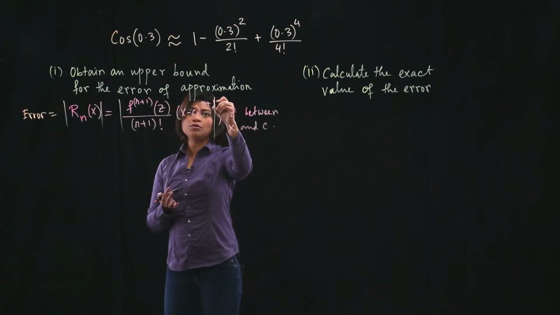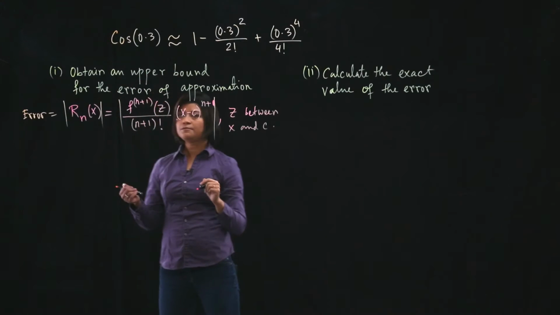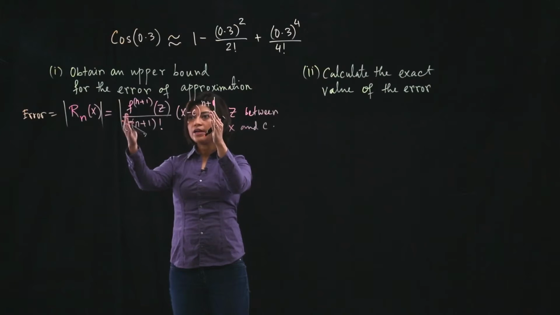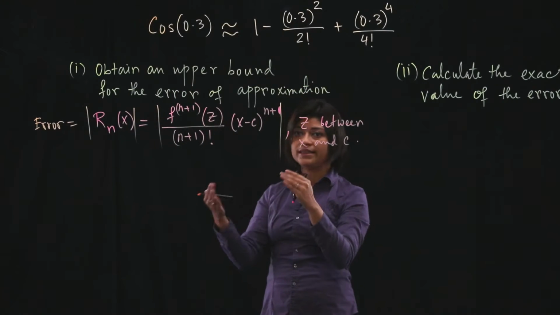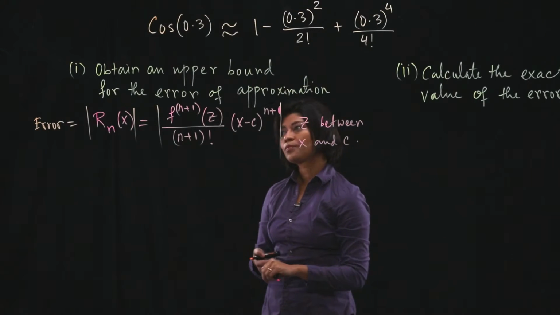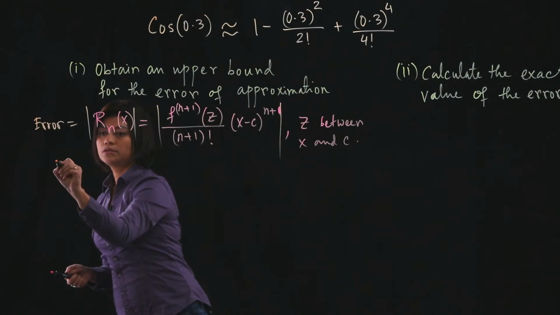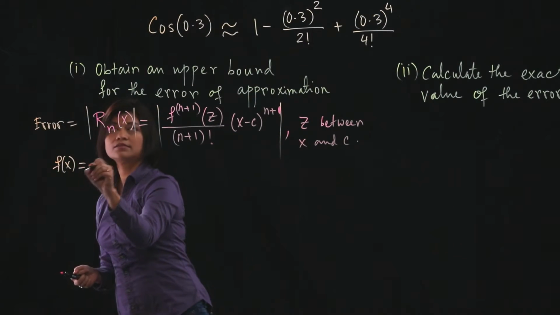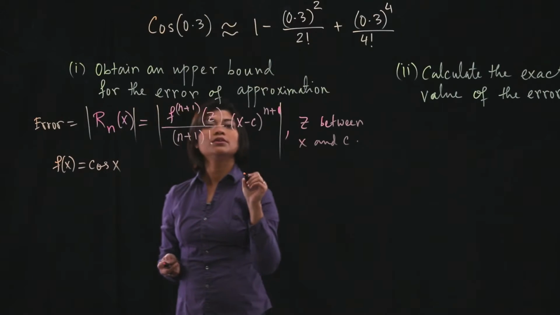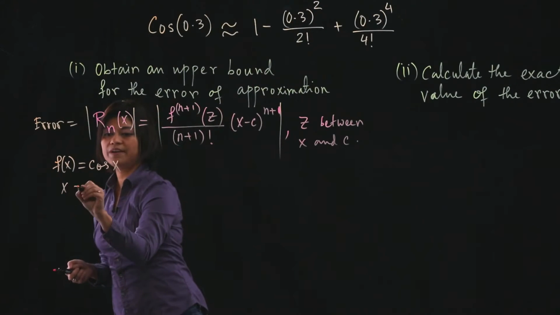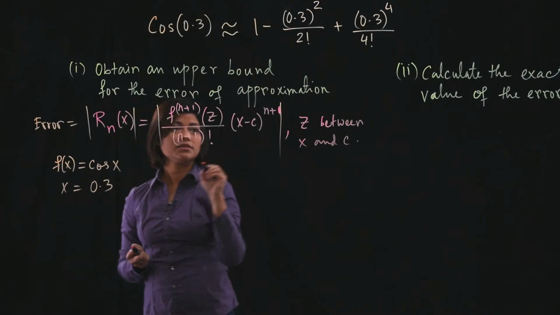Now, we need to only find an upper bound for this error. First, we have to figure out all these different variables from the given information and then see if we can compute an upper bound. Let's see what is given to us. The function is cosine of x. The value x is 0.3.